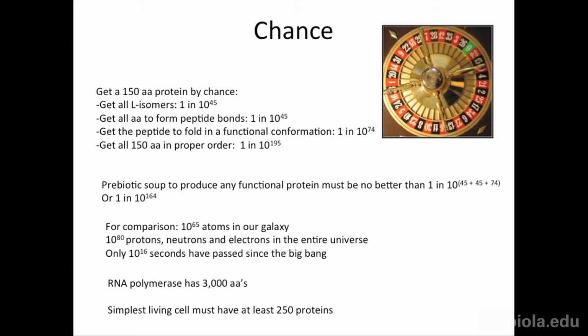That probably should come before the functional shape, but that's a 1 in 10 to the 195th chance, right? Every time you add a new amino acid, you've got another 20 to choose from, that's 150, and for every one of the 150 positions, you've got a 1 in 20 chance of picking the right one, right? If you do the math, that's a lot of options to get them all in the right order.